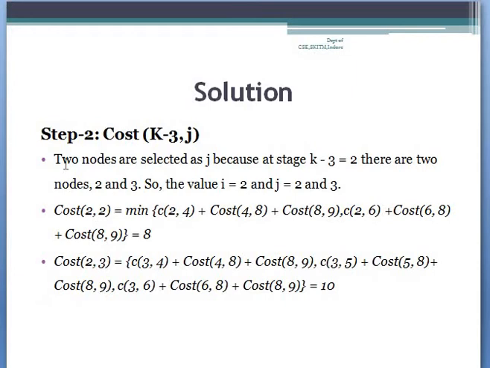Let us see. Here the 2 nodes are selected as J because at stage 3, the cost is 2. There are 2 nodes, 2 and 3. So the value I is equal to 2 and J is equal to 2 and 3. We are finding the cost of 2 to 2, that is calculating the sum of all the edges, which comes out to be 8, and the cost of 2 to 3, which comes out to be 10.